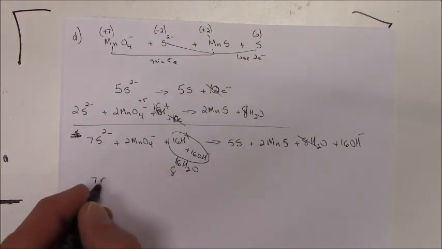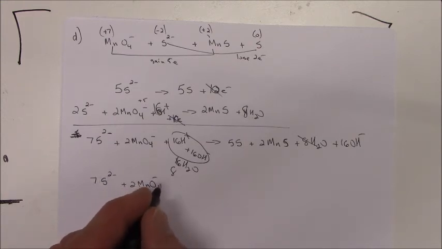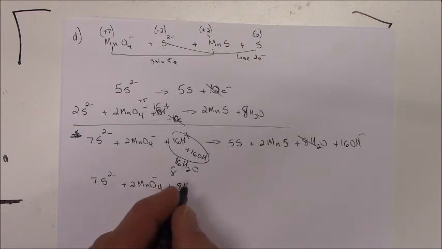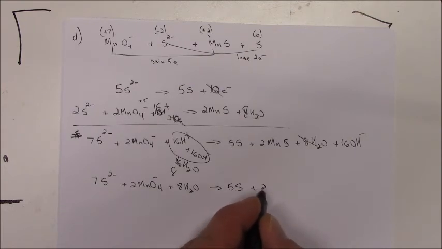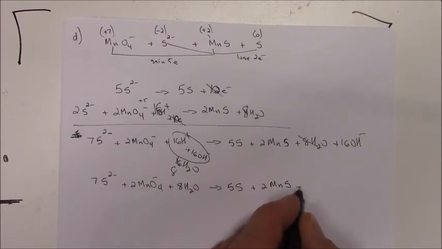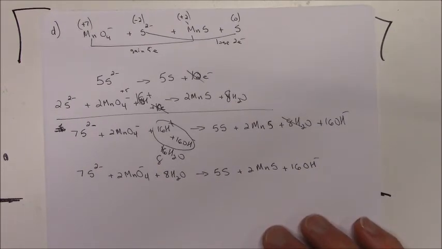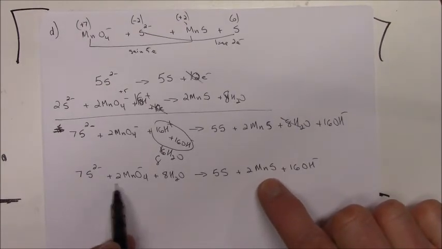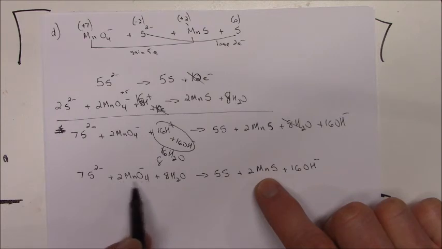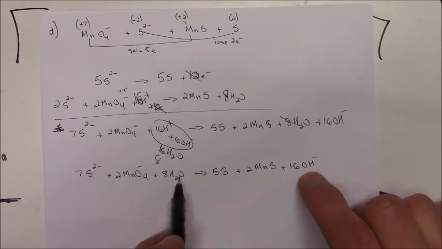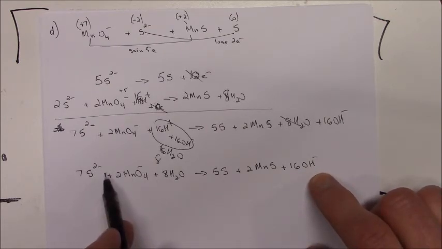So your answer looks like that. Last minute check. 7 sulfurs, 7, 2 manganese, 2 manganese, 8, 16 O's, 16 O's, 16 H's, 16 H's.